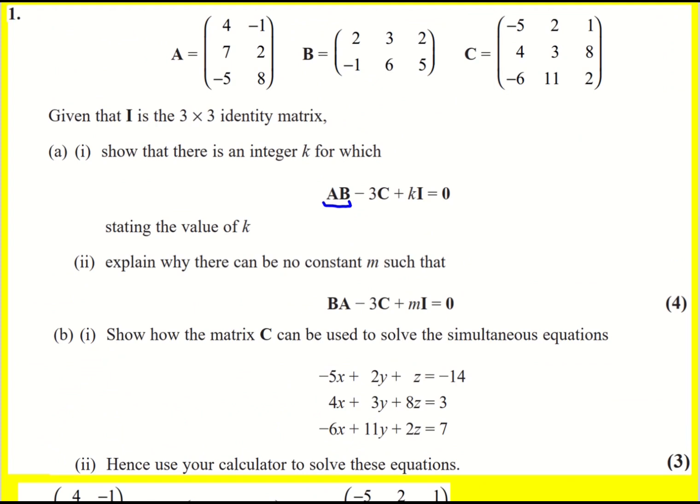We're then asked to explain why there's no constant m such that this is true. And the problem is finding BA. So for BA, we've got a 2 by 3 matrix for B, and then A is 3 by 2. So we can actually multiply them together, but BA will then be a 2 by 2 matrix.